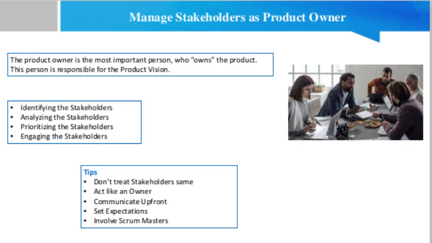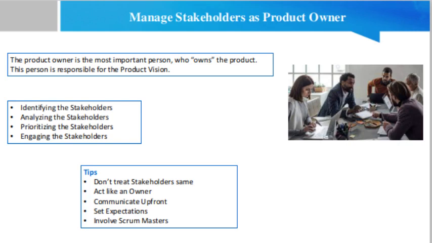This can be anyone who is involved in the project or is affected by the project. So, let us have a look at different aspects for identifying the stakeholders. Someone who has an impact on the project, someone who has an opinion or a point of view on the project, someone who has decision making power, someone who would like to see your project successful, someone who would like to see your project fail, someone who has an impact over your team, someone who can help resolve conflicts or remove challenges, someone who simply has an interest in the project.